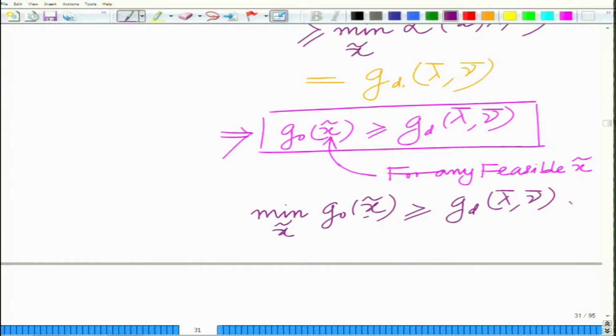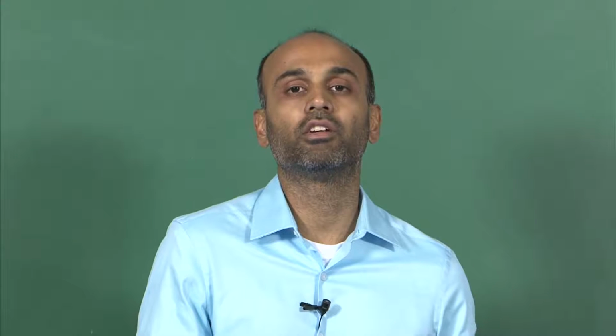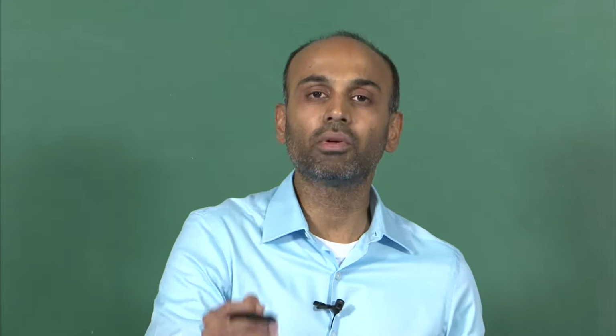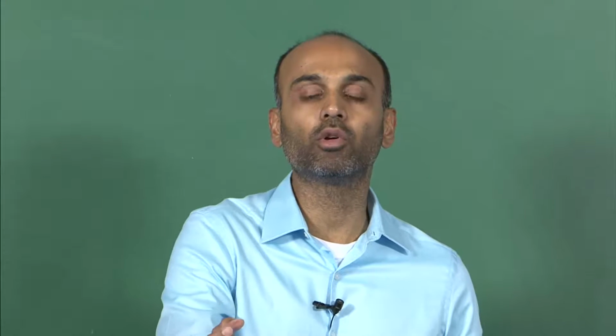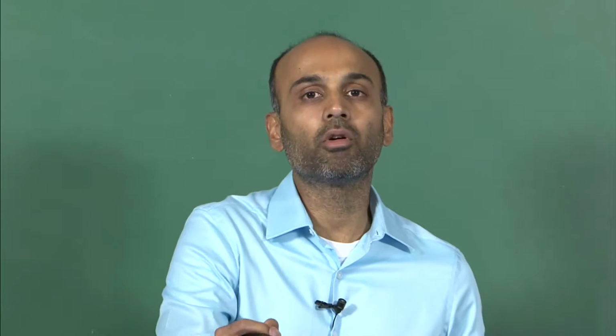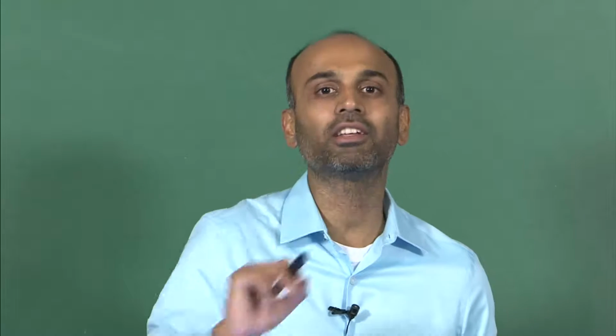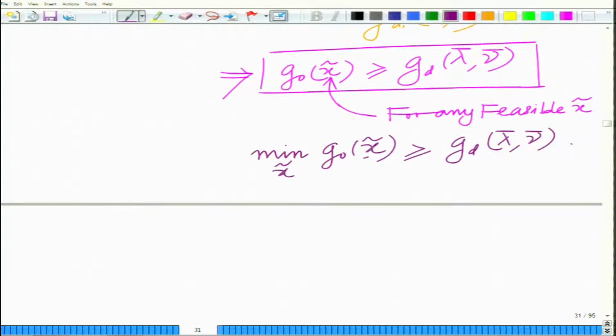G naught of x tilde is greater than or equal to the dual function GD of lambda bar, nu bar. Naturally, it holds for that feasible point x tilde at which the minimum is achieved, that is the minimum over the set of all feasible points x tilde of G naught of x tilde, that is nothing but P star, which is the optimal value of the original optimization problem.